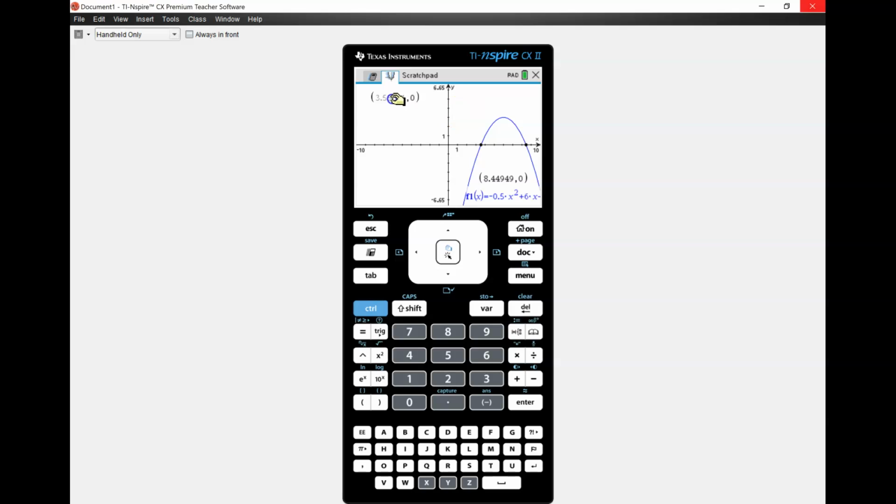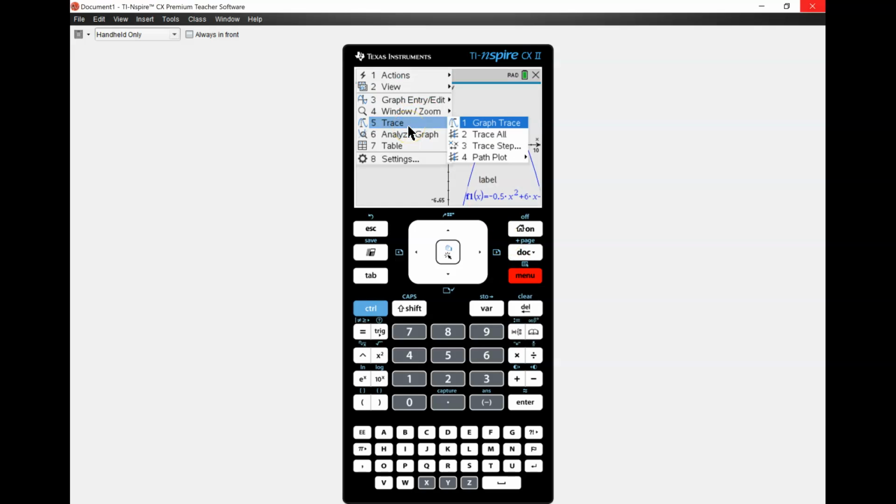Now, another way that you can find all of these points is by tracing the graph, what we call traverse. You can just hop along the graph. So look up here for a minute. I want you to all press menu, and number 5 is trace. You can either scroll to these or just hit number 5.